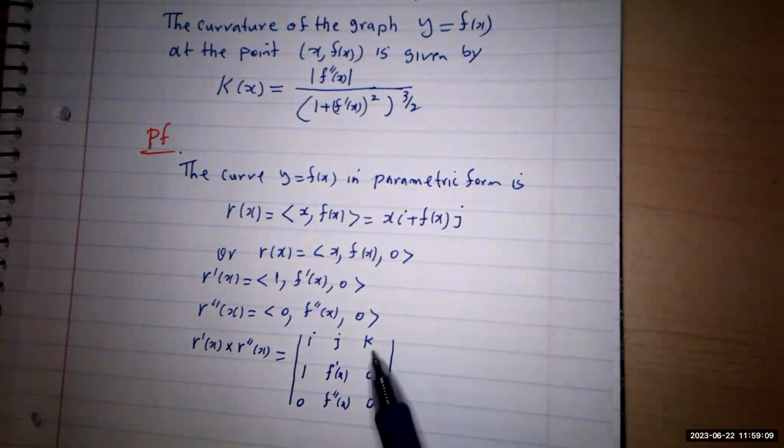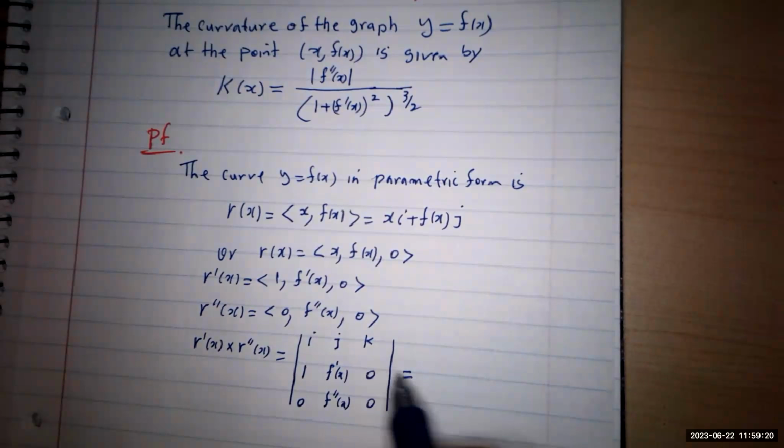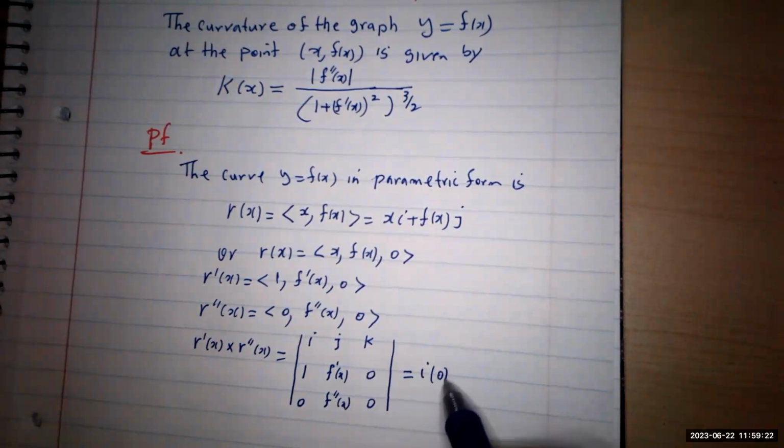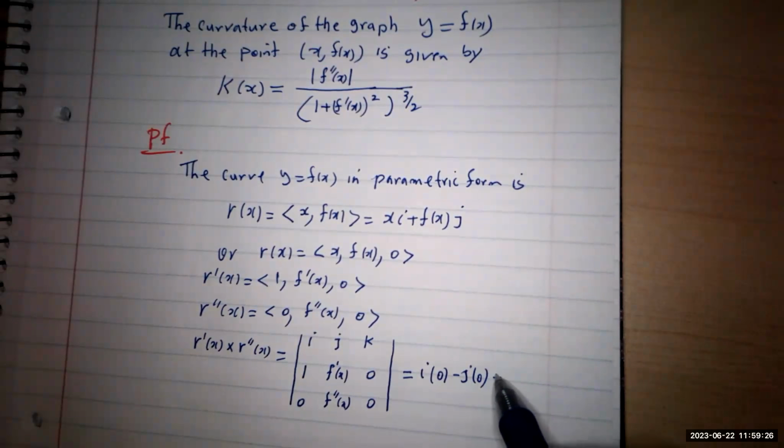You know that we can expand it along the last column. I just give you the result. It's going to be i times 0 minus j times 0. We get only k times f double prime of x, because of those two zeros that you have.